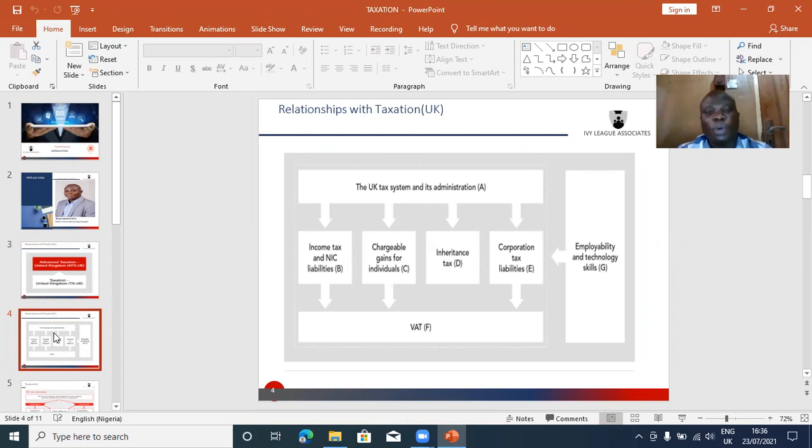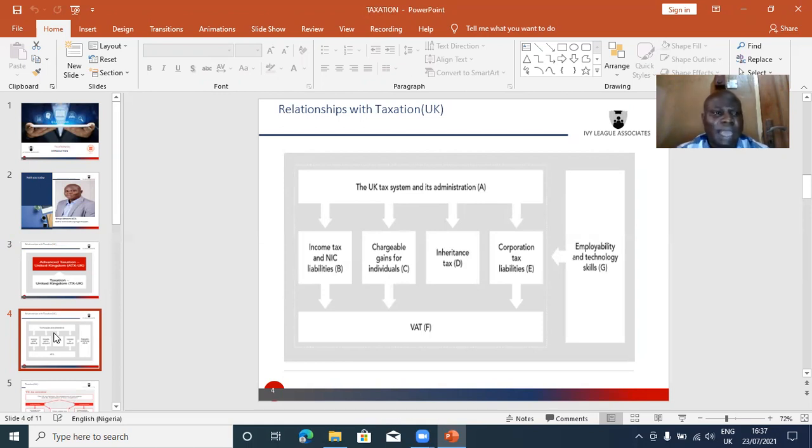But it's also important for us to understand that you need a very good knowledge of the UK tax system and its administration. We know that the UK tax system is managed majorly by Her Majesty's Revenue and Customs. So you need to know how that system works. And there is a need for you to embrace employability and technology skills.